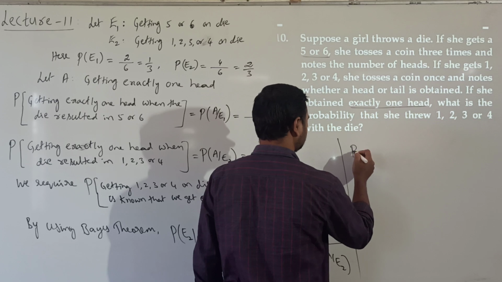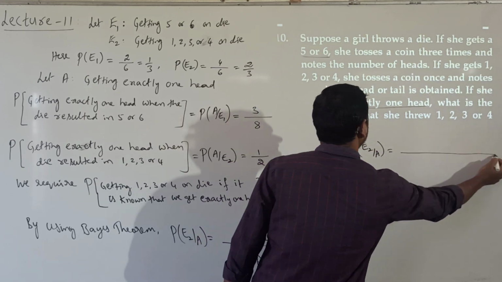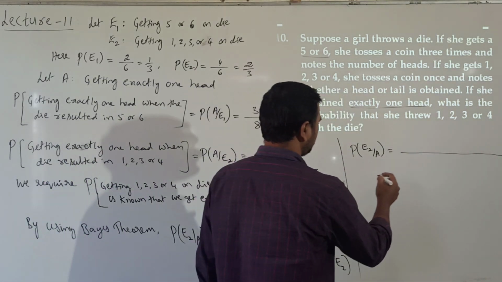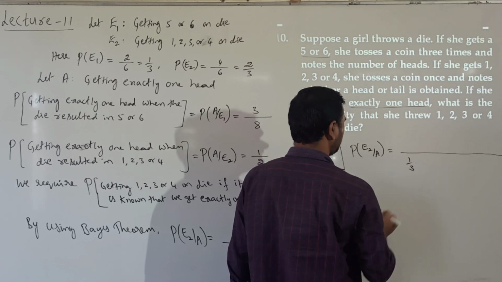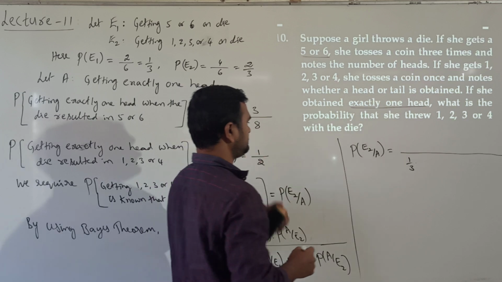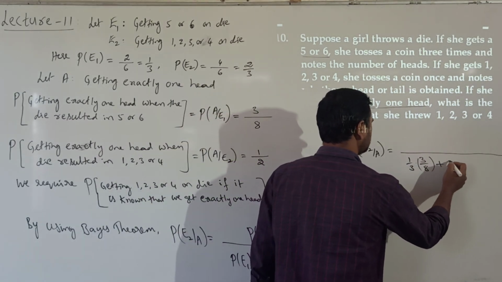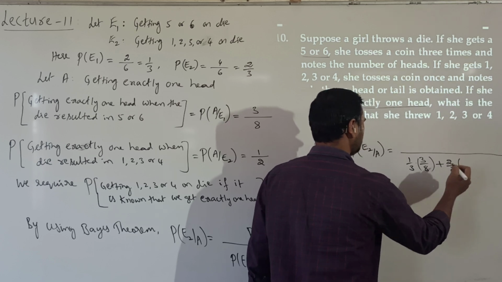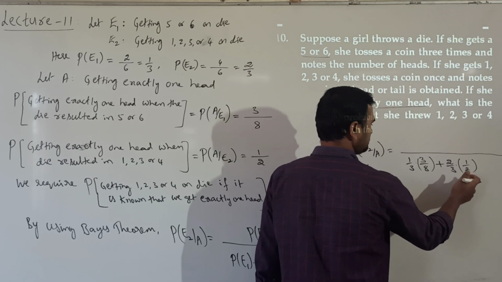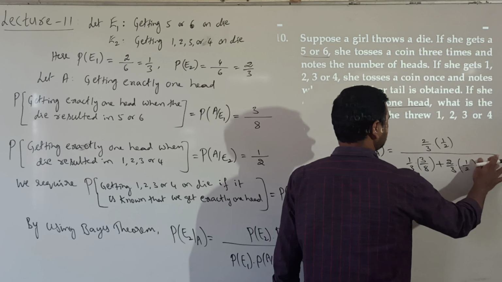Let us substitute. P of E2 given A is equal to, in the denominator, P of E1, the E1 probability is 1 by 3, into P of A given E1, which is 3 by 8, plus 2 by 3 into 1 by 2. So in the numerator we need 2 by 3 into 1 by 2.